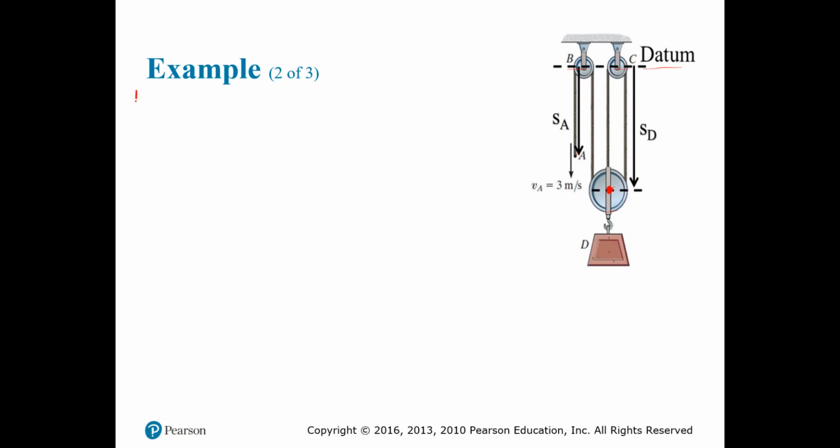So the data we have for this exercise is that VA is equal to 3 meters per second, and they're asking us for VD. So what is the total length of this?